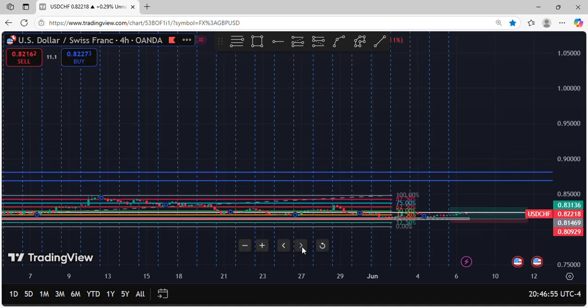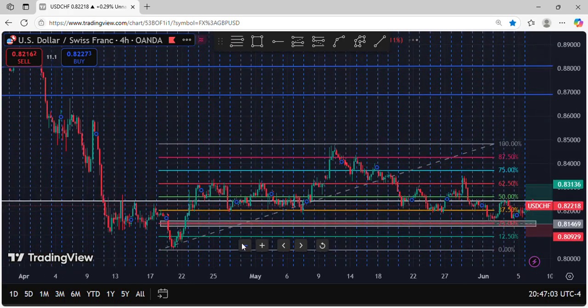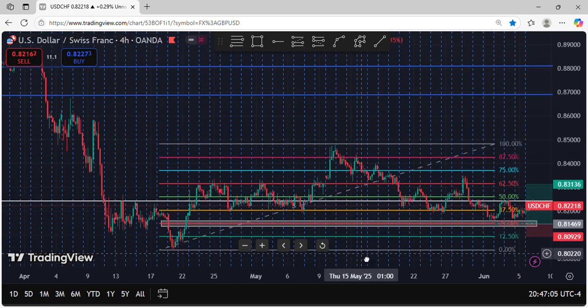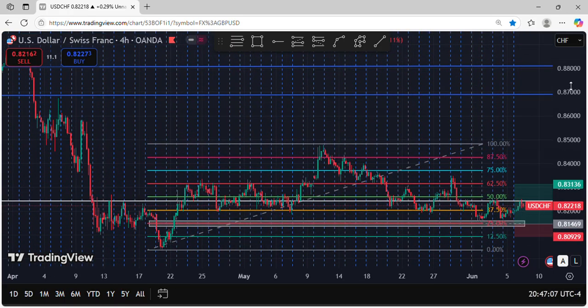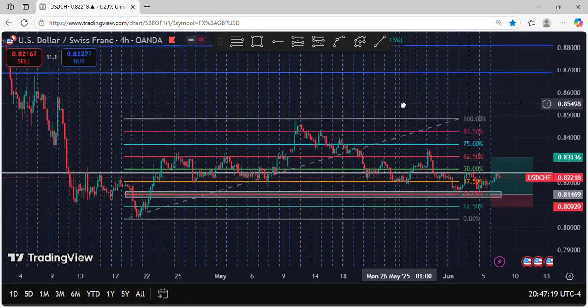To establish something good. So now inside the 4 hour, let me get this right. Now this is the fair value gap. These two lines are the fair value gap on the weekly, close to the 37.5 daily range.